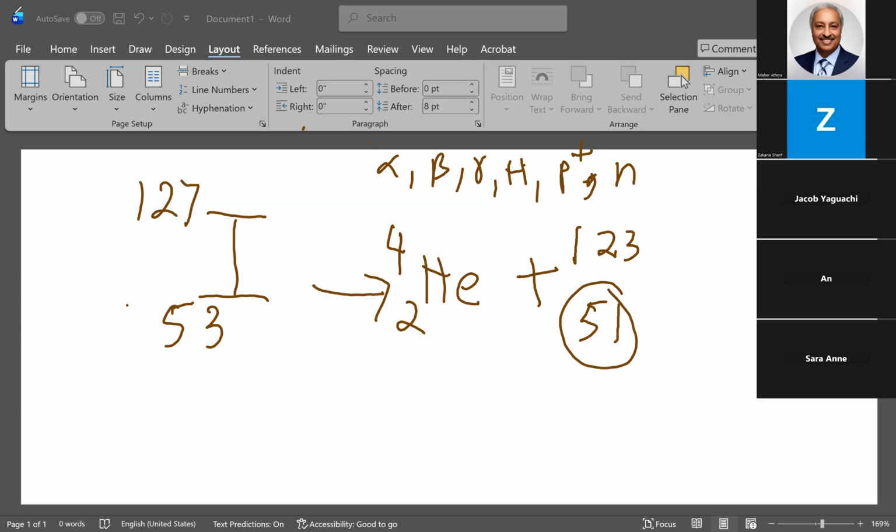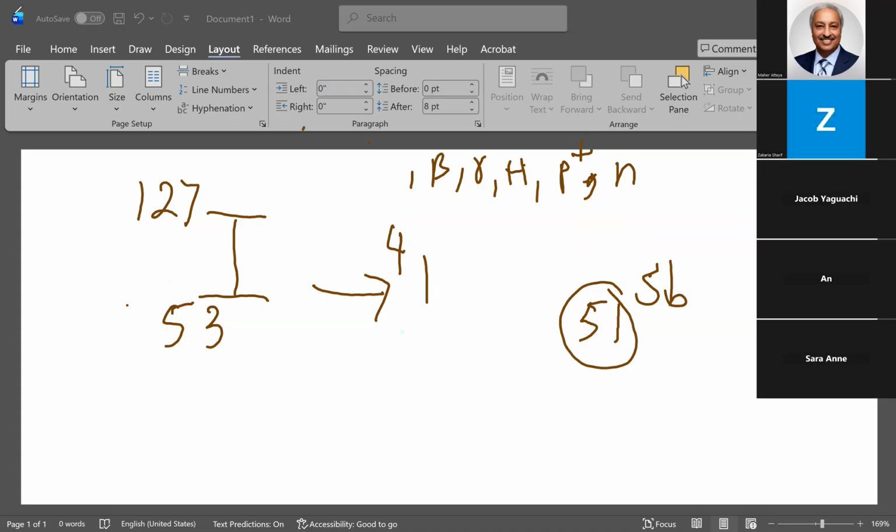Looking at the periodic table, it is antimony, Sb. Antimony. Okay, guys? So that's the first one. So we took alpha out. So this is the new element with alpha.